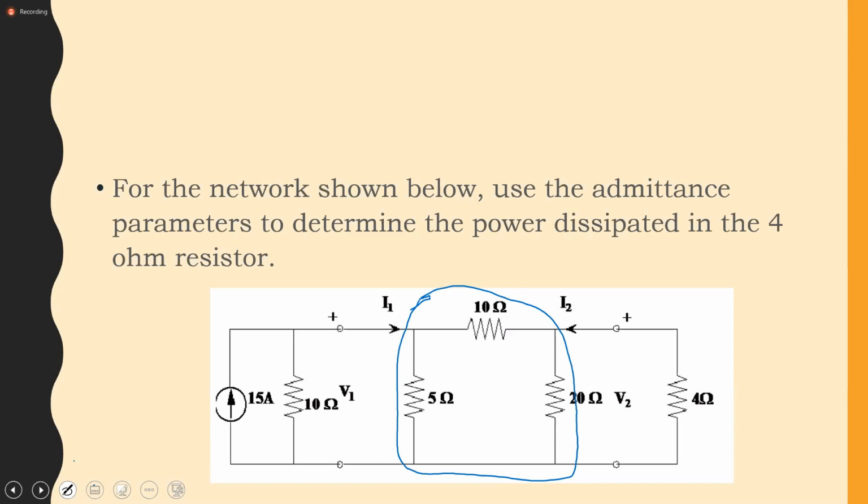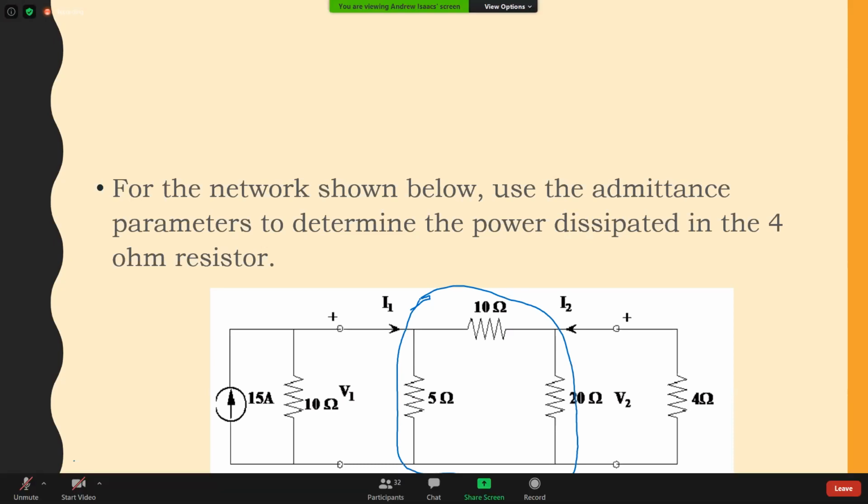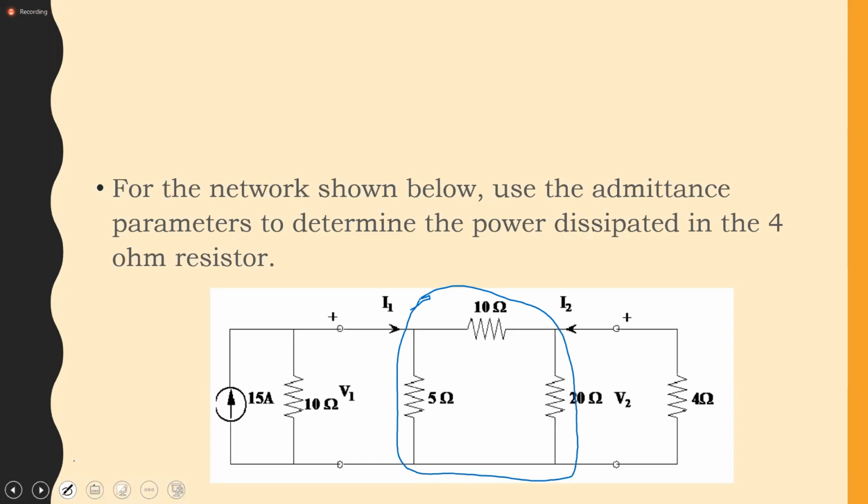So what we need to be able to do is to use what we have connected to the network and write them in terms of V1, I1, I2, and V2. And then put that into our matrix equation and solve.